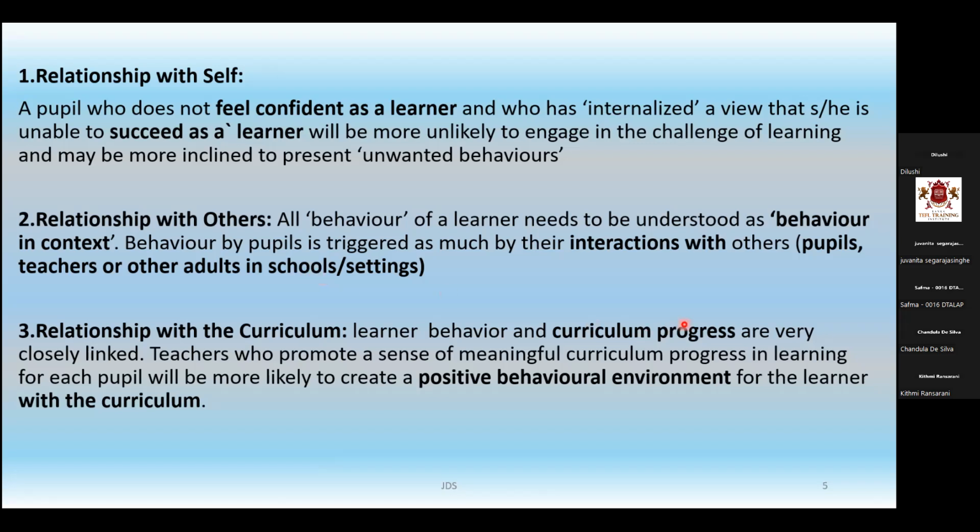On the other hand, if his peers are children with deviant behavioral patterns or who come from a background with certain negative behavior, that will have a negative behavioral influence on the child as well, right? So the relationship with others is very powerful in determining the behavior of the learner.